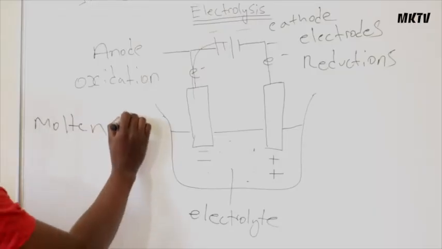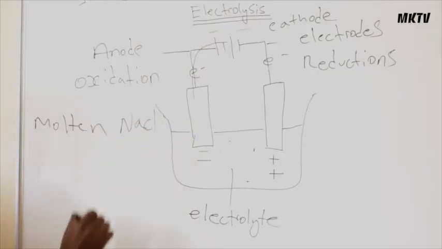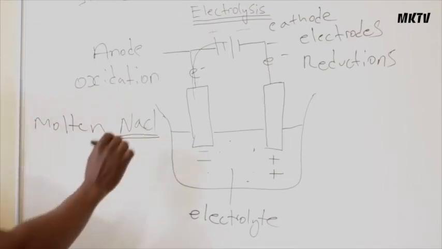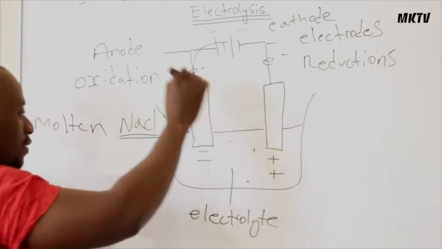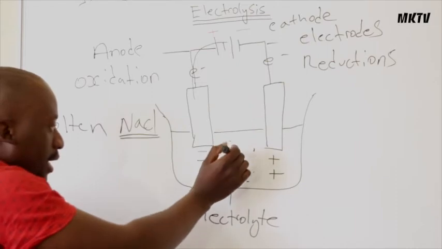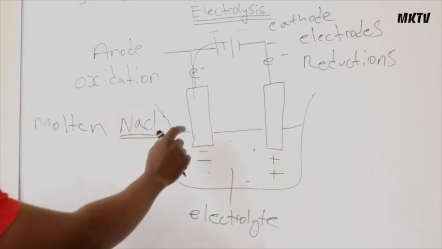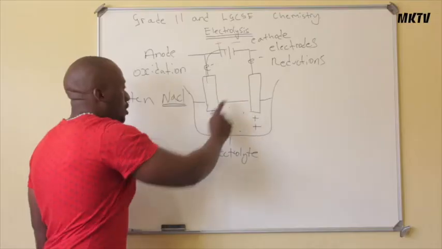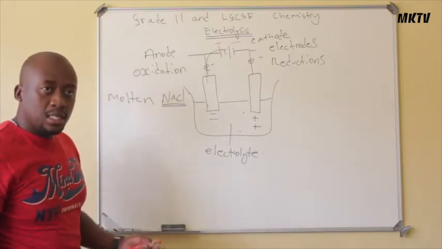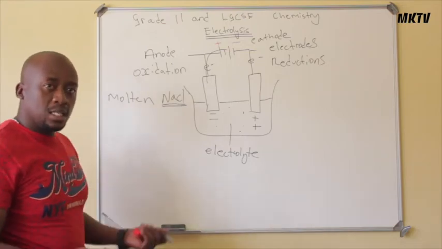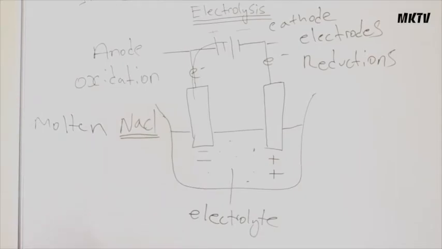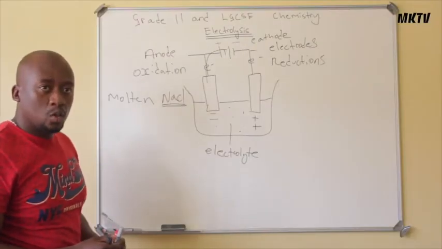This is our sodium chloride, which is going to be dissolved in the electrolyte here. Now, these electrodes normally are made up of carbon or graphite. They conduct electricity, but they are unreactive. So this means these electrodes are not going to react with our products of electrolysis.